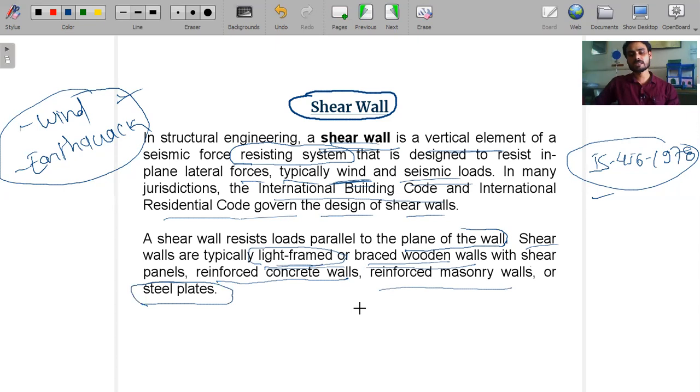Shear wall can be constructed in any of the above materials or patterns. It depends on the magnitude of load, type of building, and various parameters on which the selection of material or pattern depends.